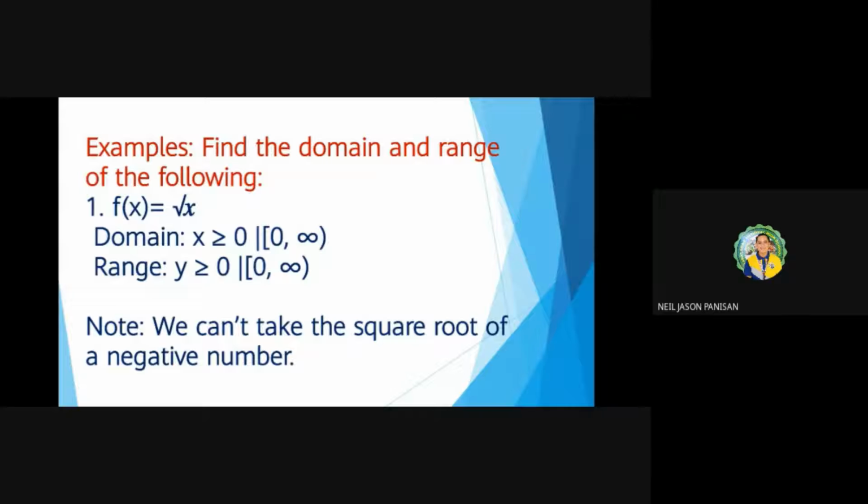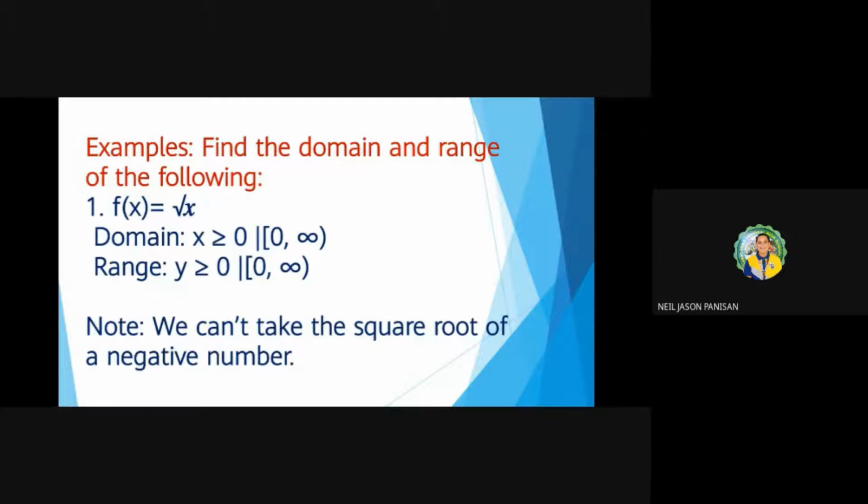So it means our domain is starting from 0 going to the right as increasing, or x is equal to or greater than 0, or in interval notation, 0 and positive infinity, meaning any number from 0 going to the right can be our domain of the equation f of x is equal to the square root of x.